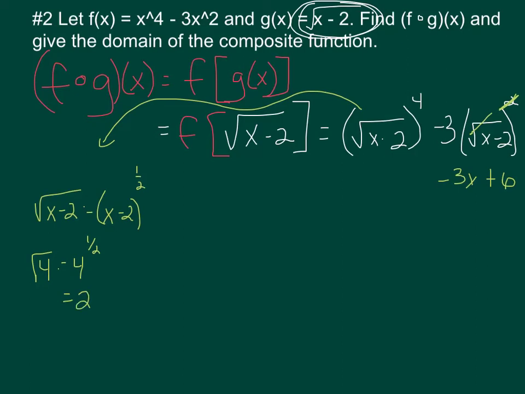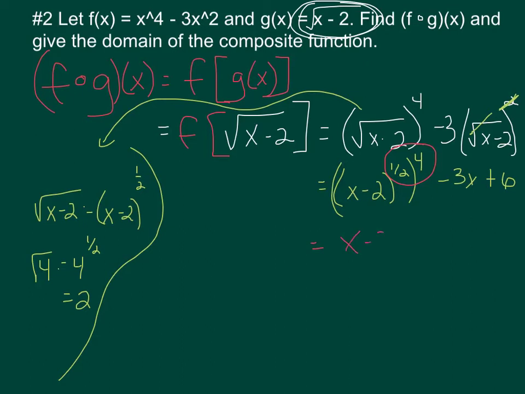That's just a little side example. Alright, so now that we know that, let's rewrite this as x minus 2 to the 1/2, the whole thing to the 4th. And now when you have a power to a power, you can multiply the powers. So that says x minus 2 squared.